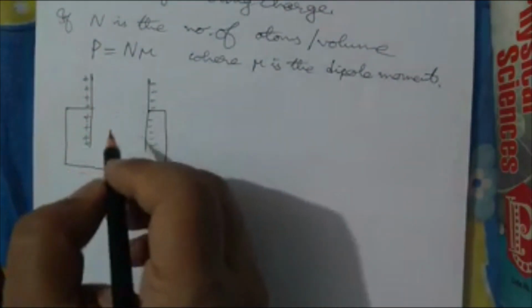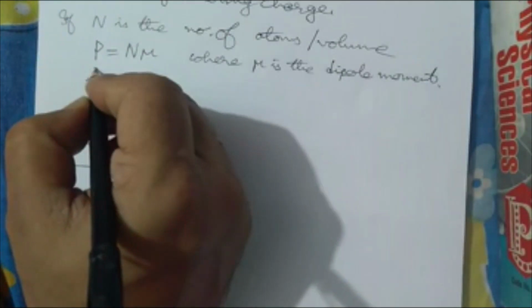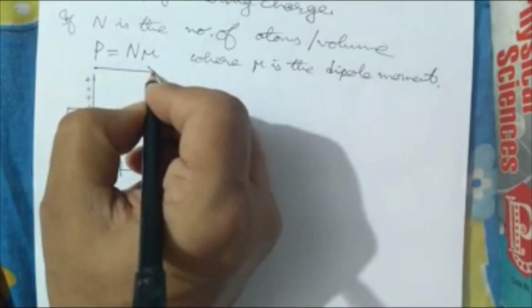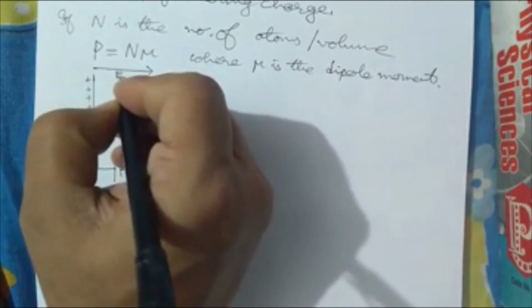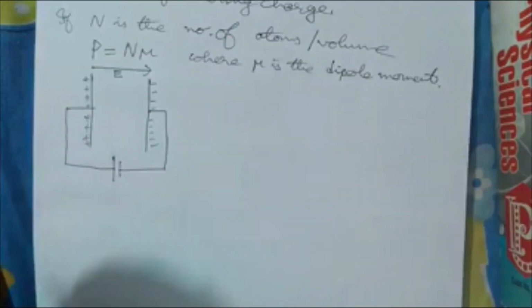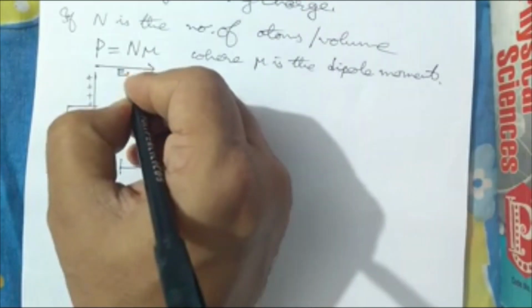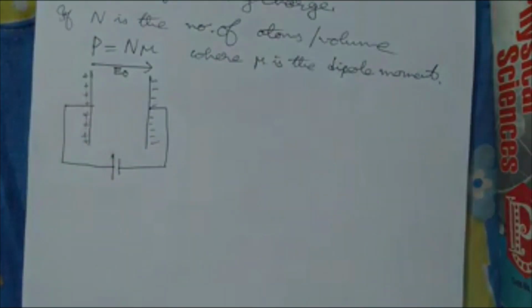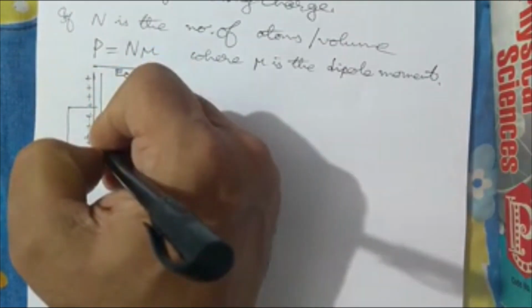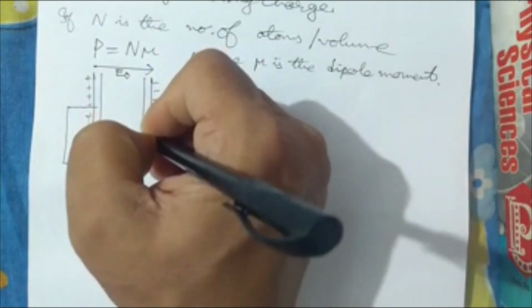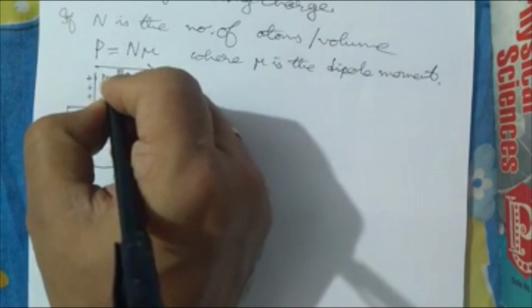Right now there is air here, so a field will be acting between the positive and negative charge. Let this field be E0. Now a dielectric is introduced here.